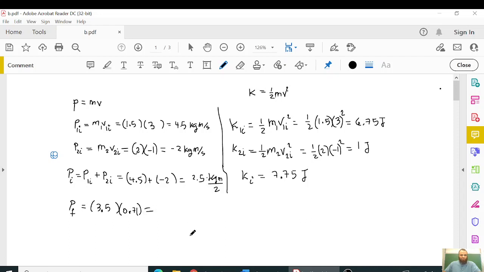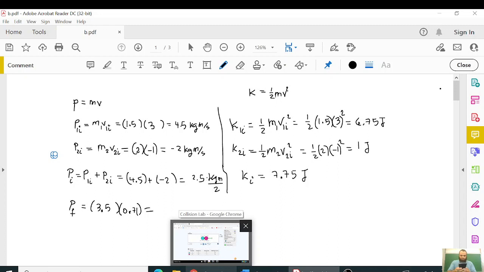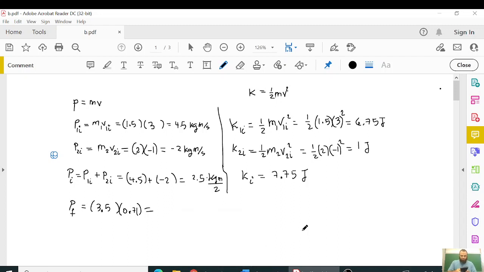When you multiply 3.5 times 0.71, I have my calculator here. 3.5 times 0.71, I get 2.485. That's approximately 2.49. So I put here 2.49, of course, kilogram meters per second.